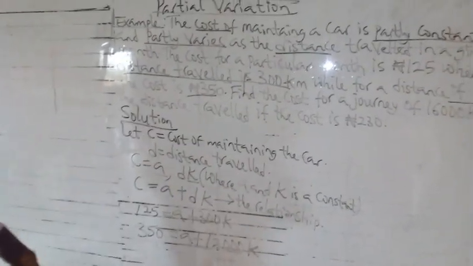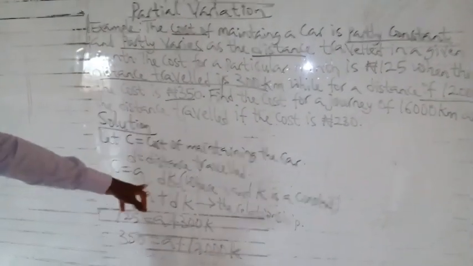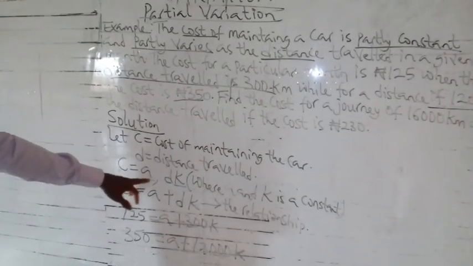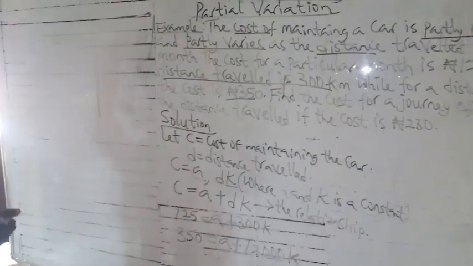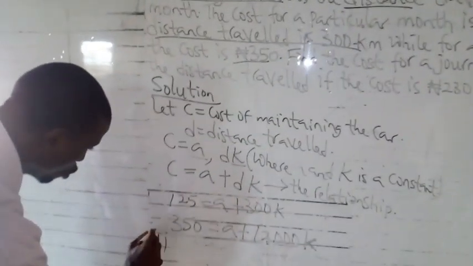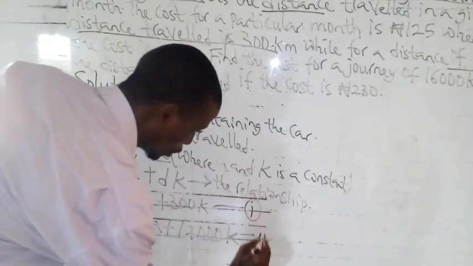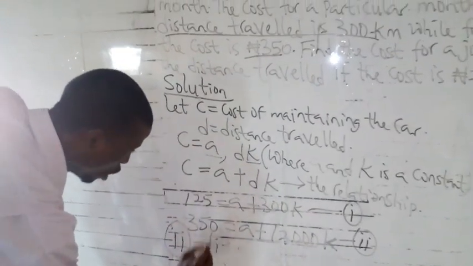We must get the two constants that we have introduced. The first constant is A, while the other constant is K. Now, looking at the equations, this is equation 1. This is equation 2. Now, let's subtract: equation 2 minus equation 1.